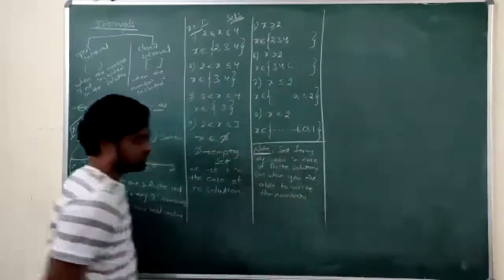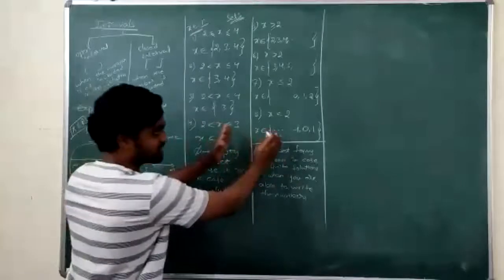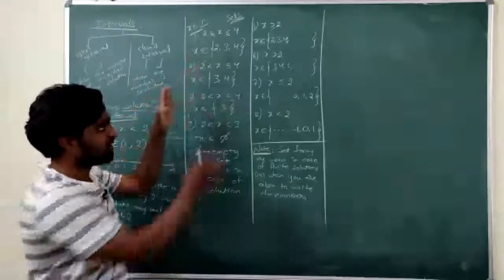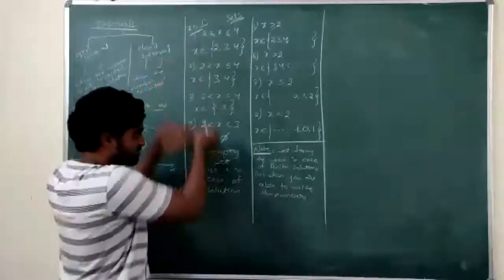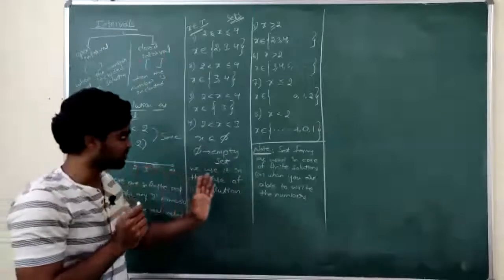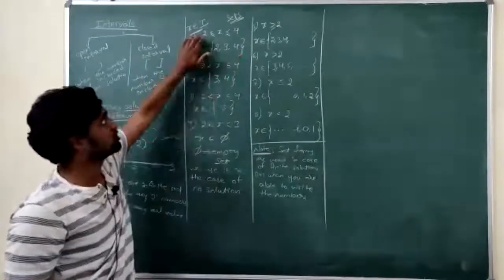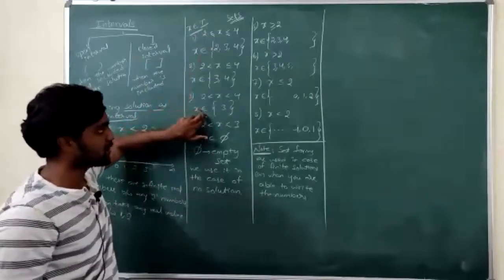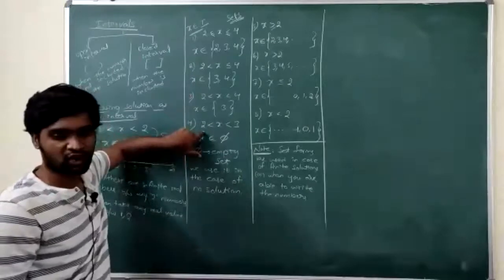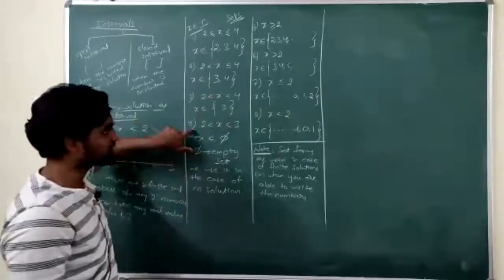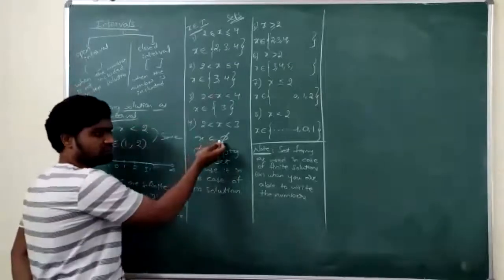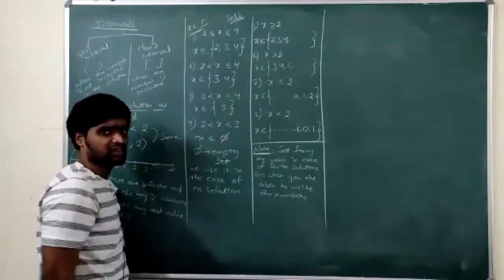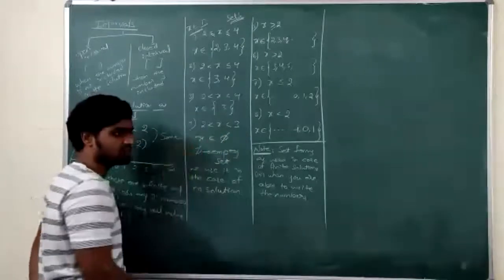First, understand this. In all these cases, there are finite number of solutions for x. Here, number of solutions for this inequality, 3. For this, 2. For this, 1. For this, 0, because it is the empty set. How many elements are there in the empty set? 0.